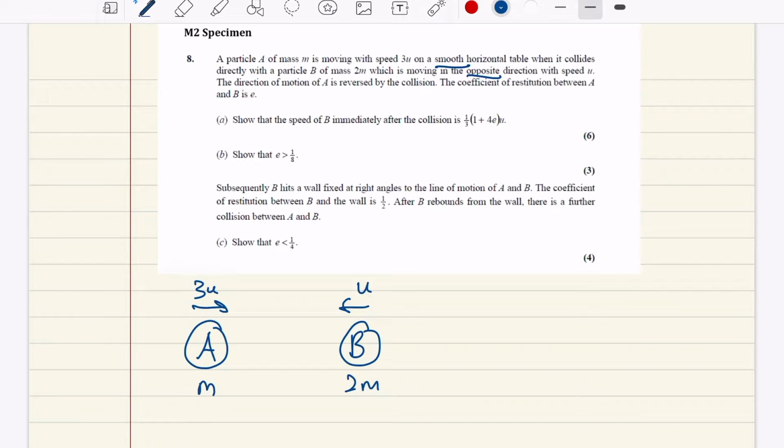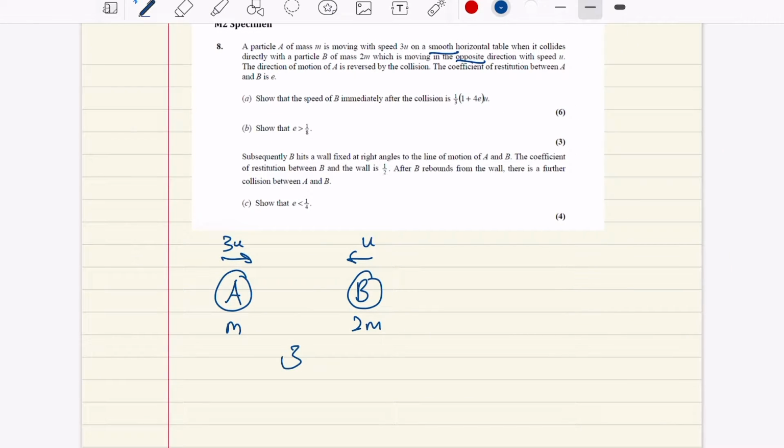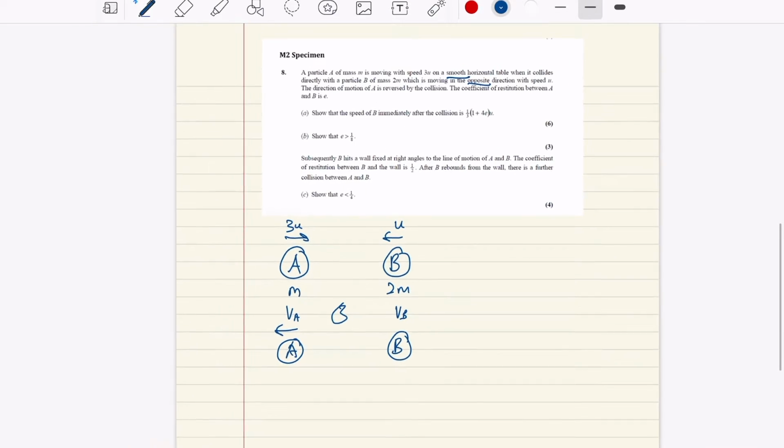The direction of motion of A is reversed by the collision. Call the speed of A after the collision VA, and B, VB. The coefficient of restitution between A and B is e.